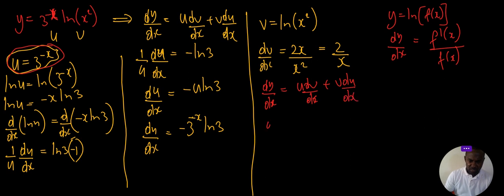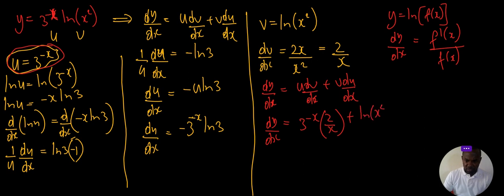And so this means that dy by dx is equal to u, which is 3 to the minus x, times dv by dx, which is 2 over x, plus v, which is the natural log of x squared, times du by dx, which of course is negative 3 to the minus x times the natural log of 3.